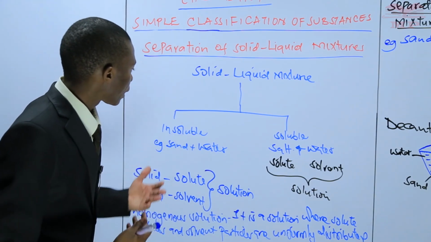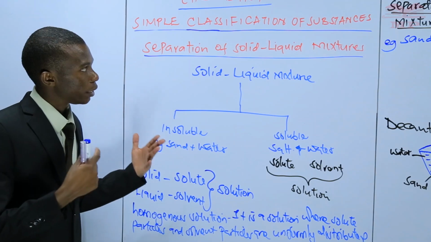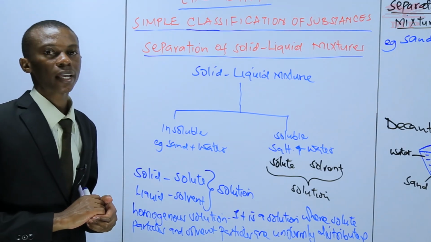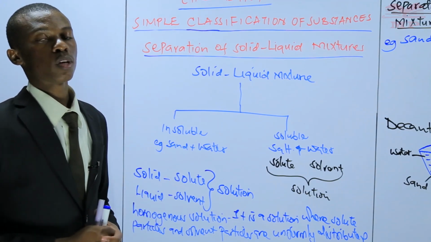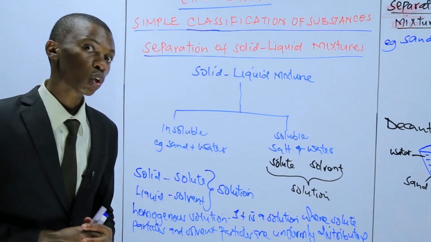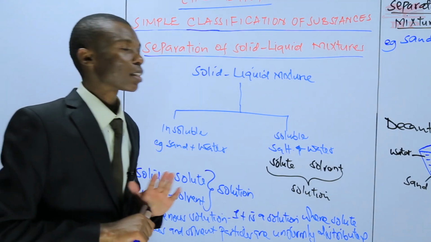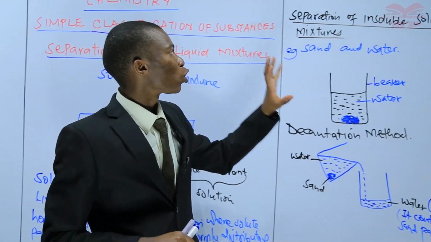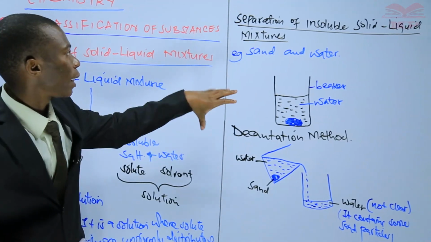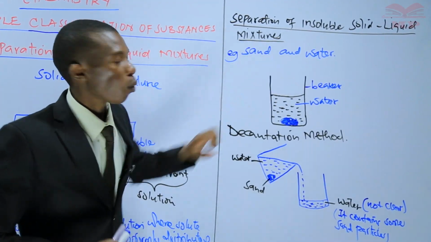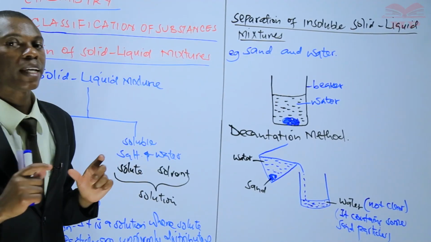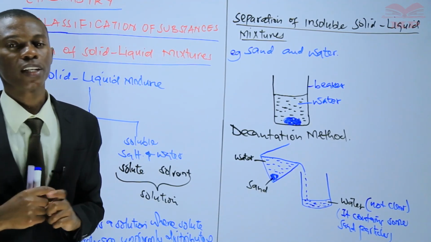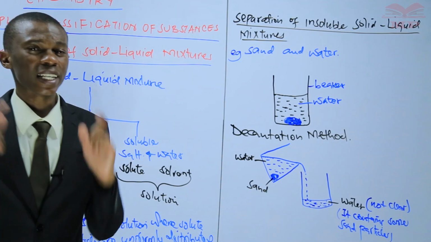Then we started with the discussion of the separation of insoluble solid liquid mixtures and which method you can use to separate them. Our example of an insoluble solid liquid mixture is sand and water. And we have said the first method we are going to use to separate sand and water is the decantation method.